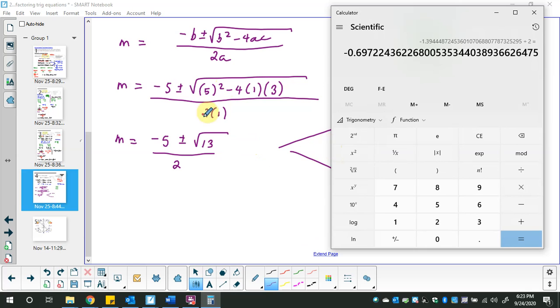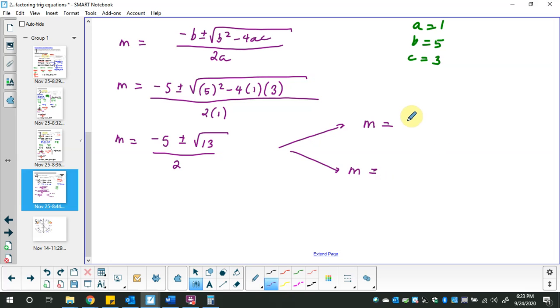And because this is not your final answer for degrees or radians, I'm going to ask that you write this down to 4 decimal places. So negative 0.6972. And I said that wrong, because it's really negative 0.6972.